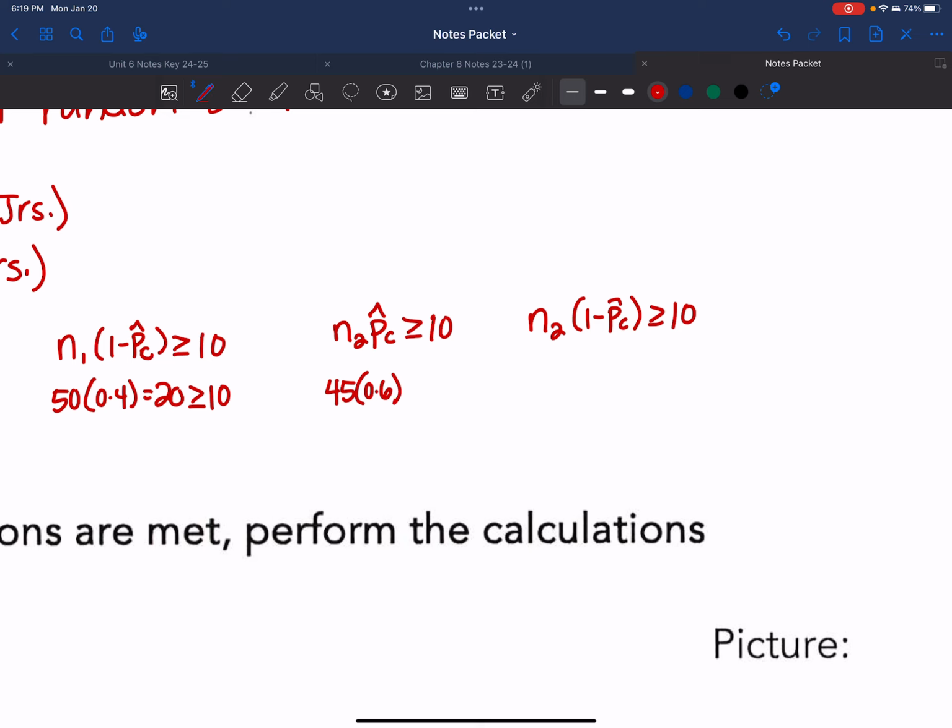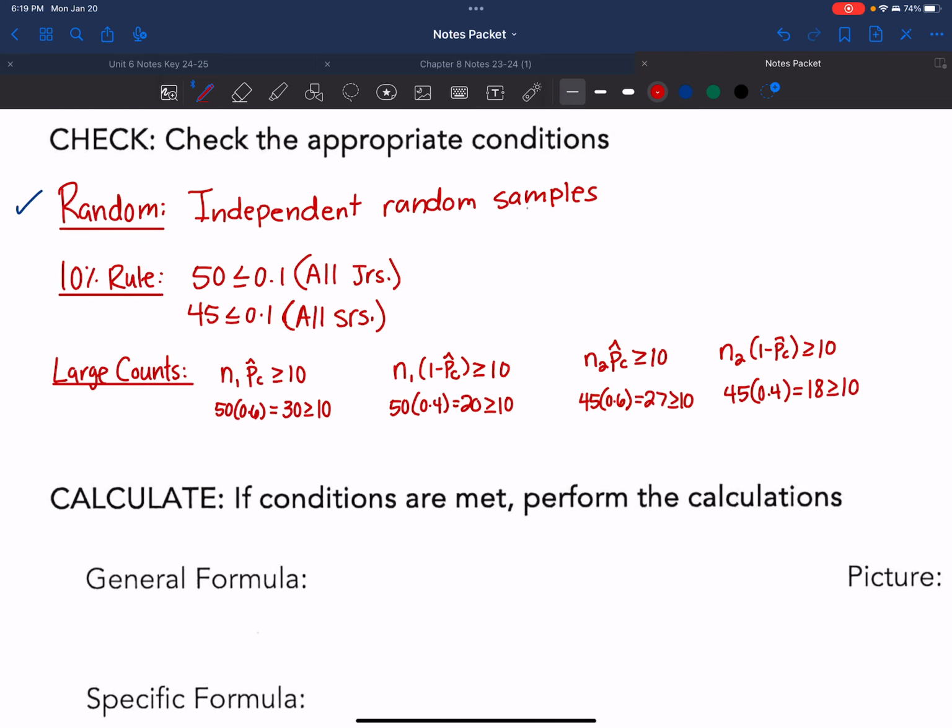That's going to give me 27, which is greater than or equal to 10. And then 45 times 0.4 equals 18, which is also greater than or equal to 10. And so I passed random, I passed the 10%, and I passed the large counts.